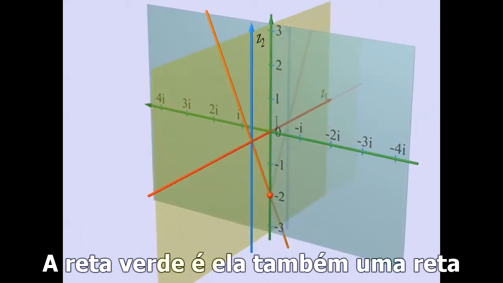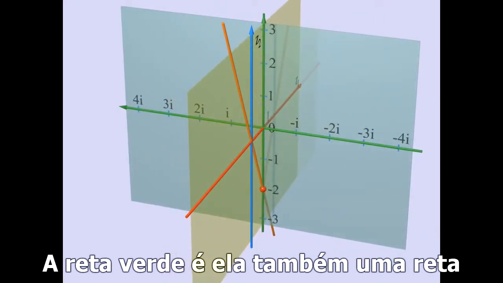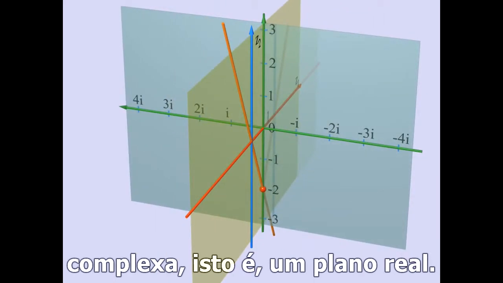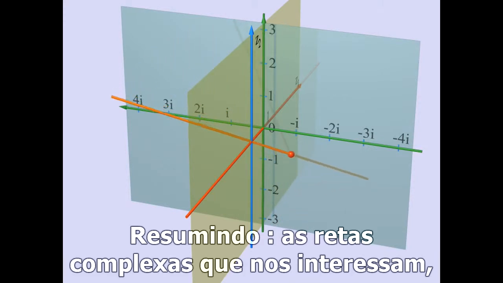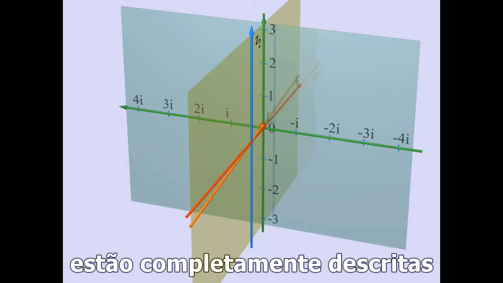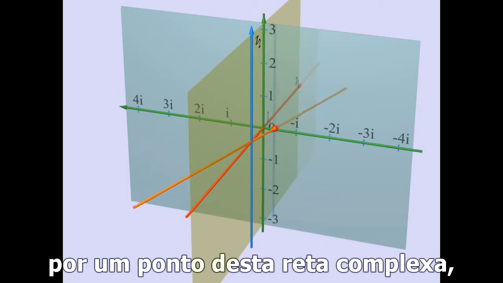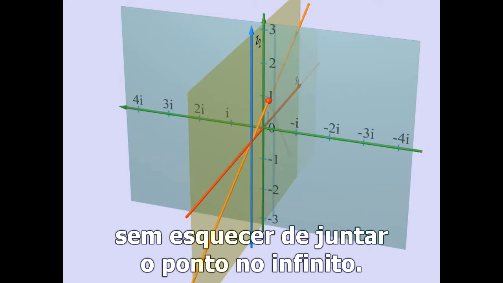The green line is also a complex line, so it is a real plane, of course. Summing up, the complex lines that we are interested in are completely described by a point on the green line and an additional point at infinity.